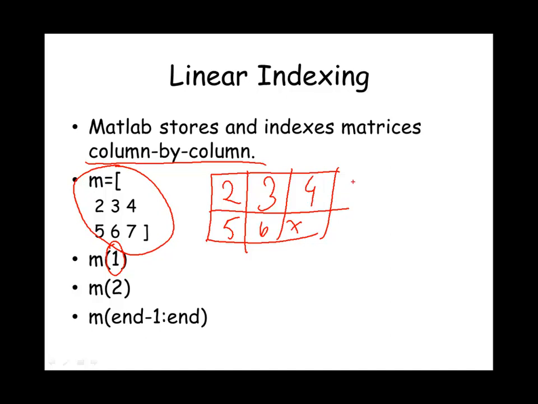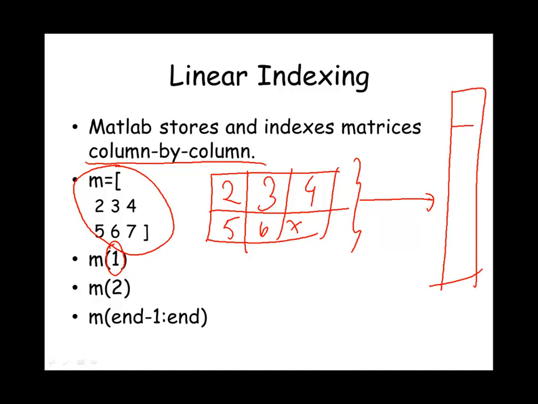In the computer memory, MATLAB will store this matrix in a linear order starting from the first column. So it will contain 2, 5, 3, 6, 4, 7. First the first column, then the second column, and then the third column.